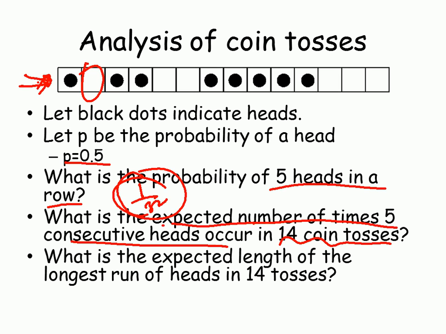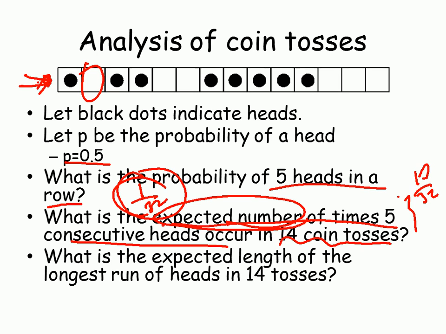But the expected number is different. To find the expected number, you take each possibility, you multiply it with its probability, and you add them up. Okay? So you have 10 places where this event can happen, and each of them has a probability of 1 over 32. So the expected number is going to be 10 times 1 over 32, which is 10 over 32.